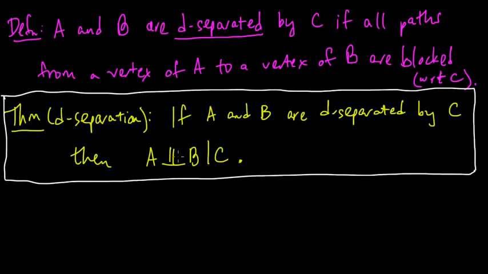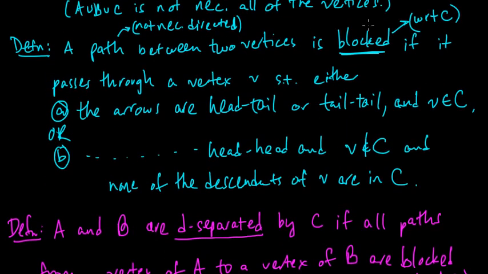Let's stop there, and we'll do some examples of how to apply this theorem in example graphs, because it can be a little difficult to get your head wrapped around this when you first come across it. I know for me it was a challenge. This blocked thing is weird. What is going on with B? All the descendants, what is going on?